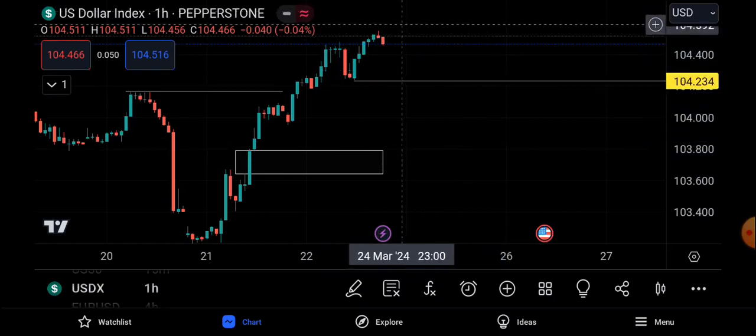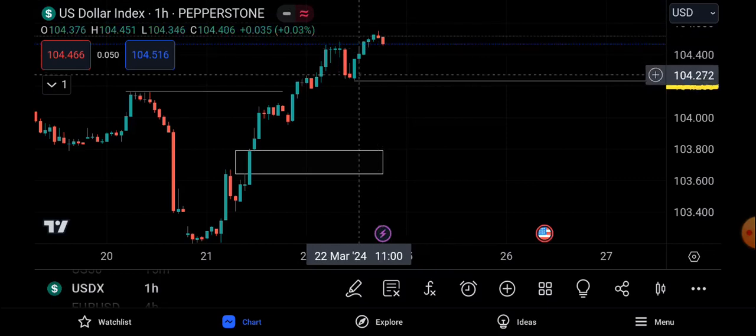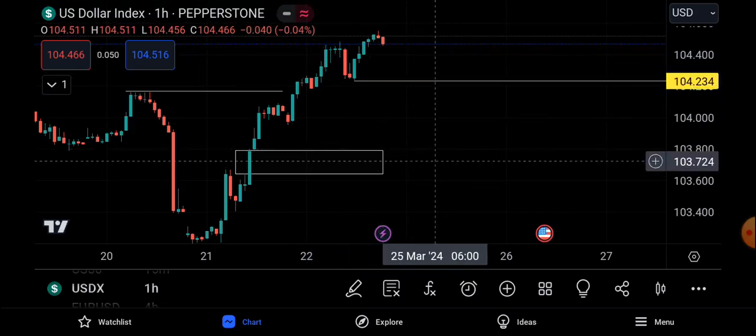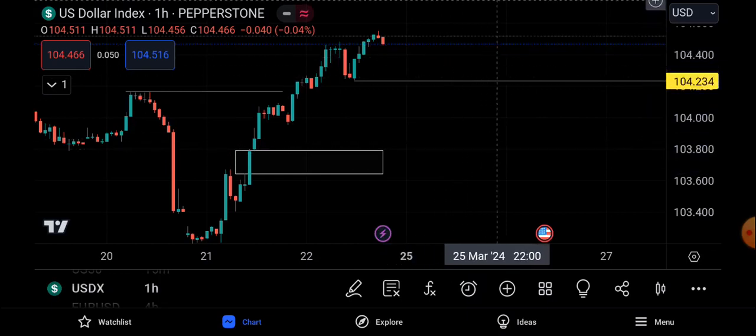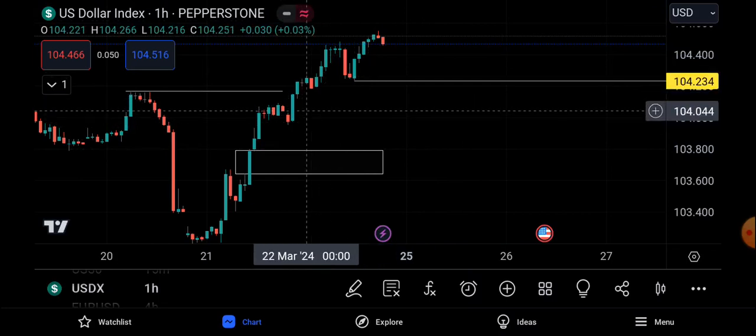If that doesn't happen Monday, Tuesday, we could head higher, but we do have some high impact news Wednesday, Thursday, I think, if I would have to go through my Forex Factory again. We could go higher, but during the news we could come back and spike and wick into this fair value gap right here and then continue pushing to the upside. Also, another area to note would be this fair value gap right here.